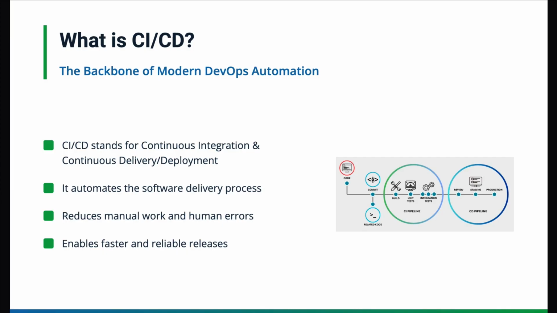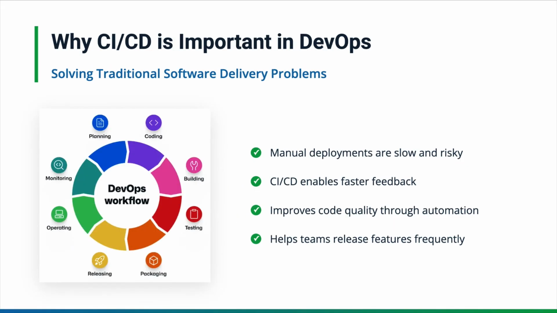This reduces human error and saves a lot of time. CI/CD allows teams to release software faster, safer, and more frequently, and that's exactly why CI/CD is a core part of DevOps.